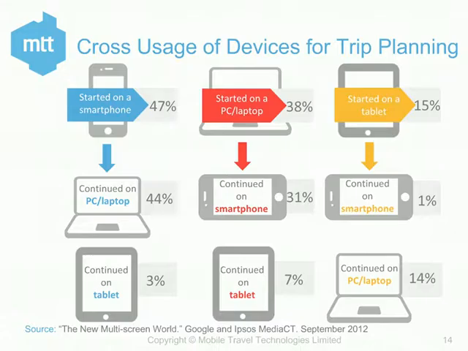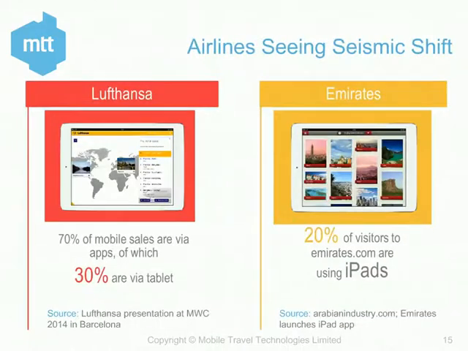So you might say, I'm seeing all my bookings coming in on my PC site, but a large percentage of those bookings were started or inspired by somebody looking at a fare sale or researching a destination on a tablet. So it's important that you can attribute your transactions correctly to the channel and split them out in terms of how much was involved in each channel.